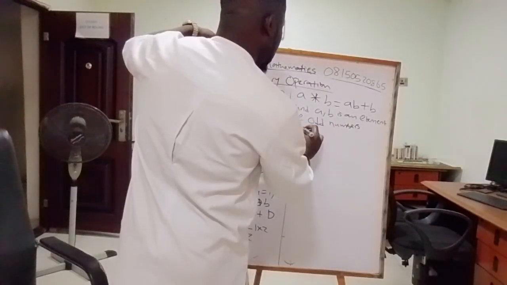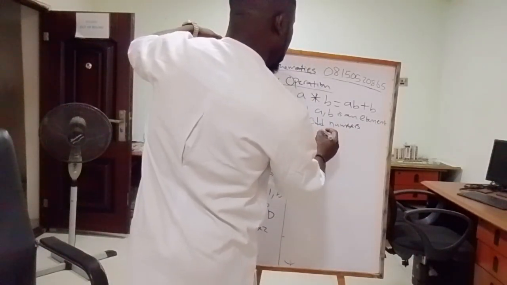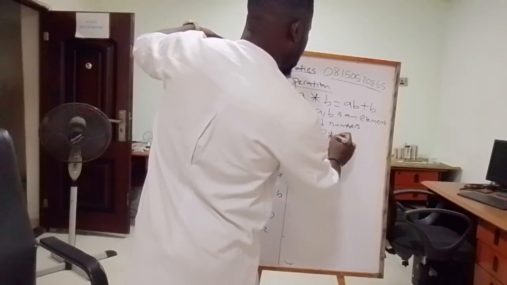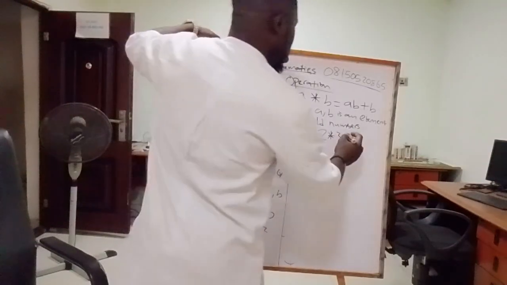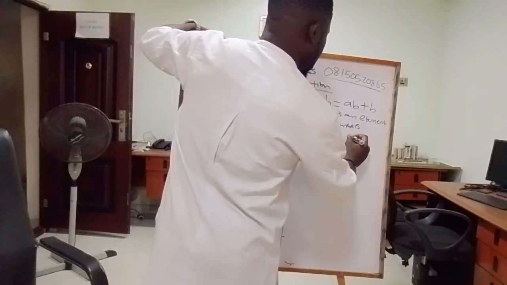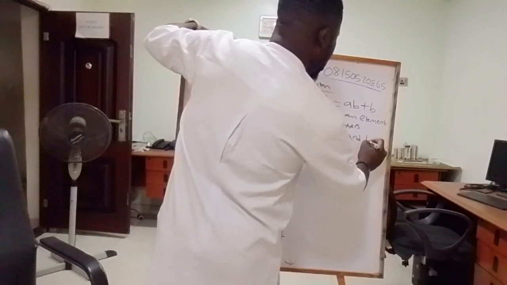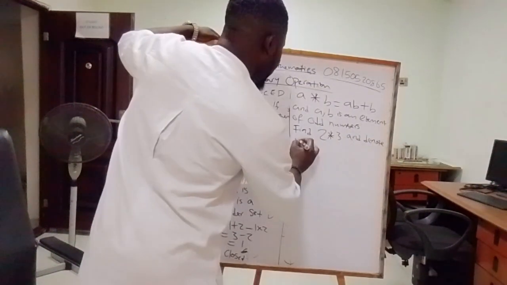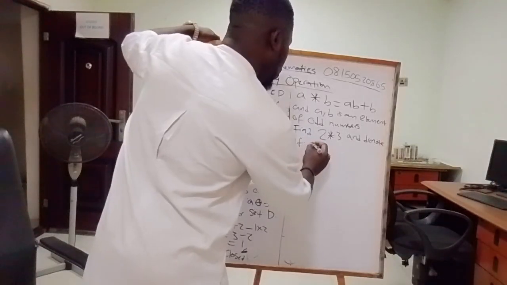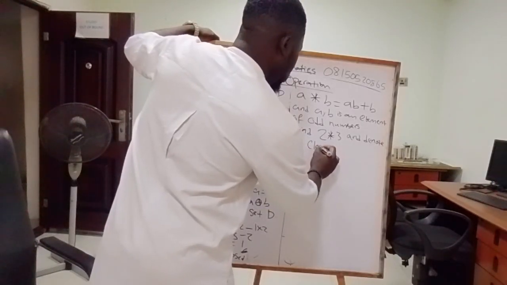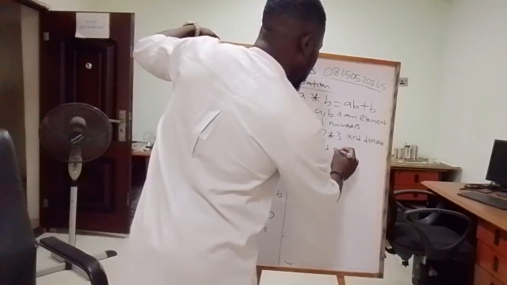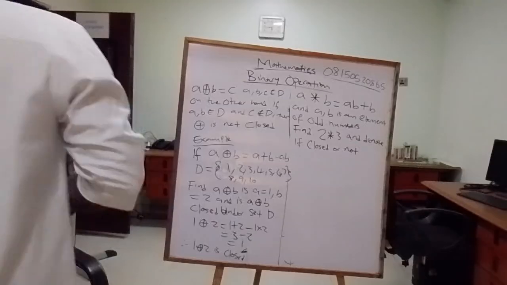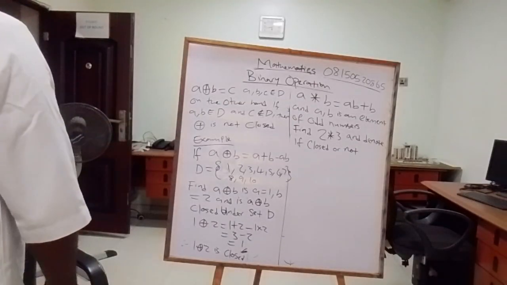Now find 2 operation 3 and denote if closed or not. So let's see that one.